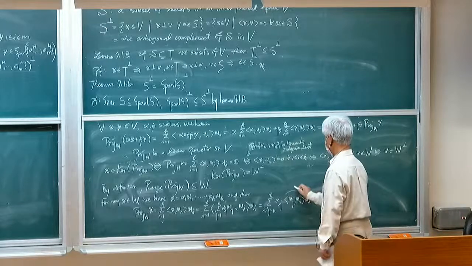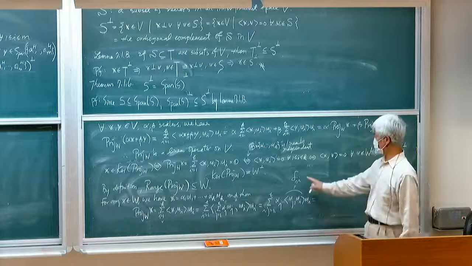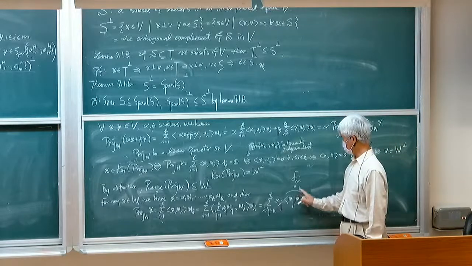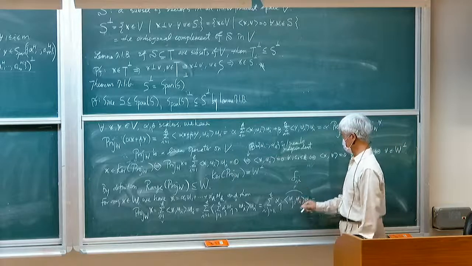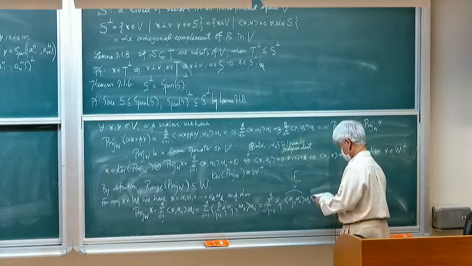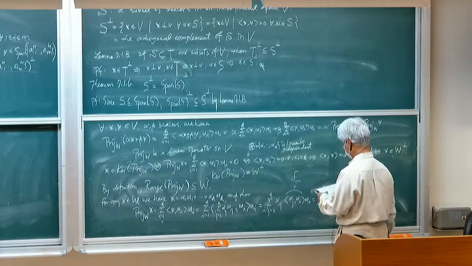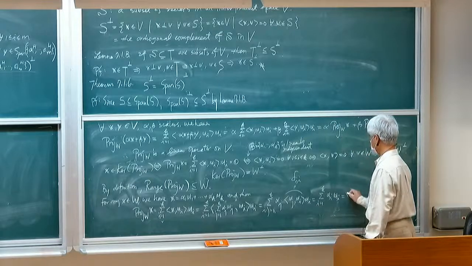But this is equal to delta_ji, which is 1 if i equals j and 0 if i is not equal to j. So this becomes the sum over i from 1 to k of alpha_i u_i, and this is exactly x itself.